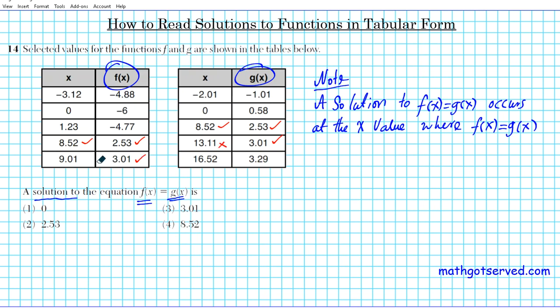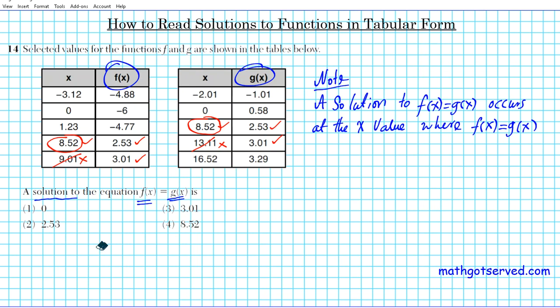That's a fail. These two y values are the same, but they're at different x values. We're looking for one specific x value, so that's not the answer we're looking for. The correct answer is 8.52 because that is the specific x value where the outputs have exactly the same value.